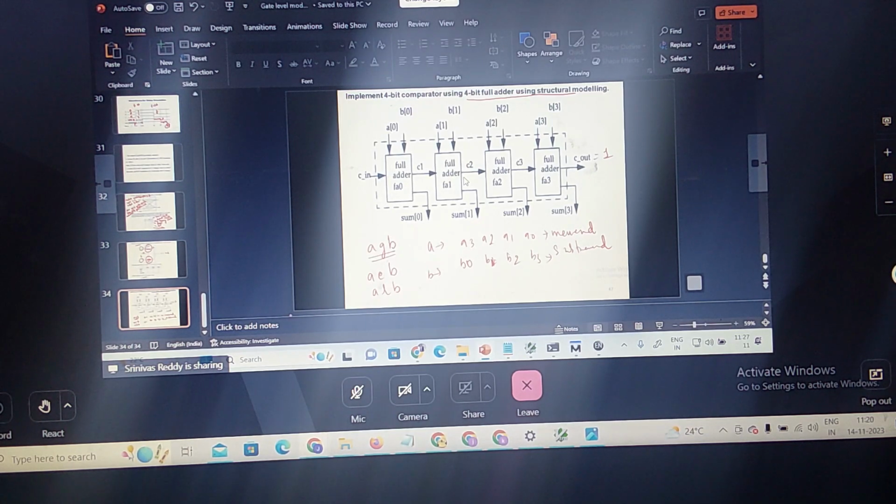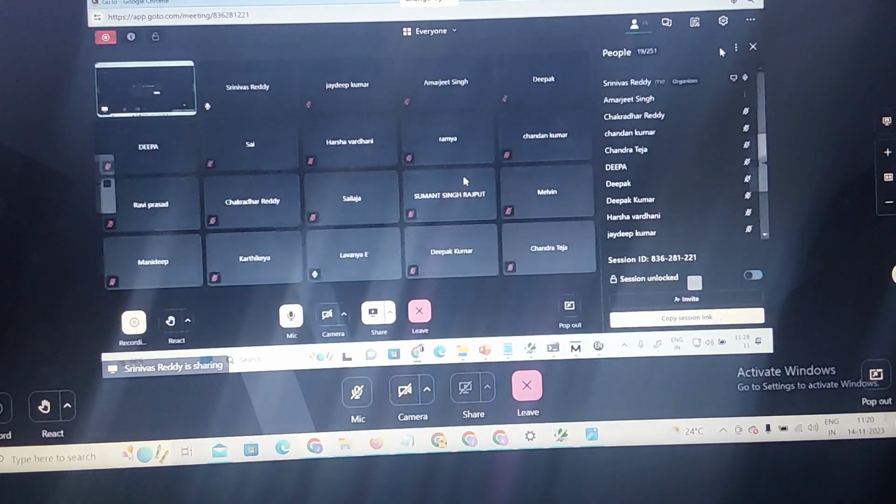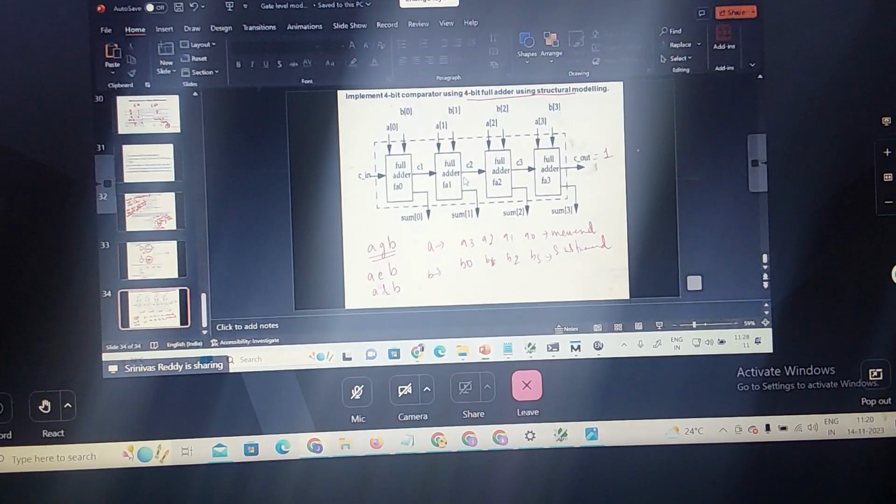When you say that A is less than B, there is a relationship between the comparators. A is less than B is equal to the NOR of A equal to B and A greater than B.